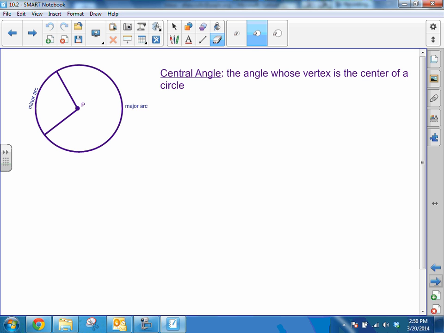Ethan, what do you think? It's across from the central angle, right? So if I say the central angle is, let's just say, 42, what's the degree going to be of the minor arc? How is it formed?